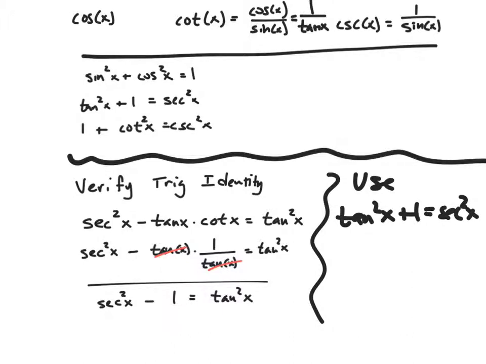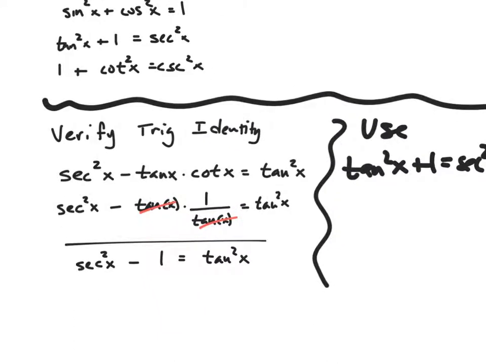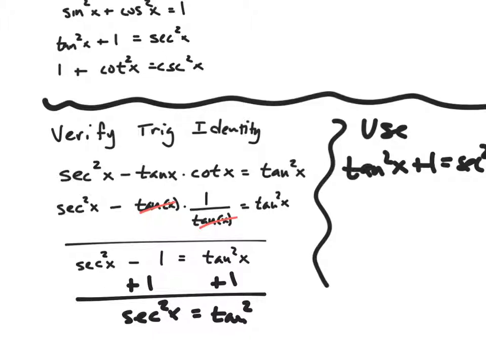All right, and so then all I have to do to get to that identity is I just need to add 1 to both sides, and I get that secant squared x is equal to tangent squared x plus 1, and that's good, okay? As long as we've gone from our initial equation down to a usable identity that we've already done, then that's what we need to do.